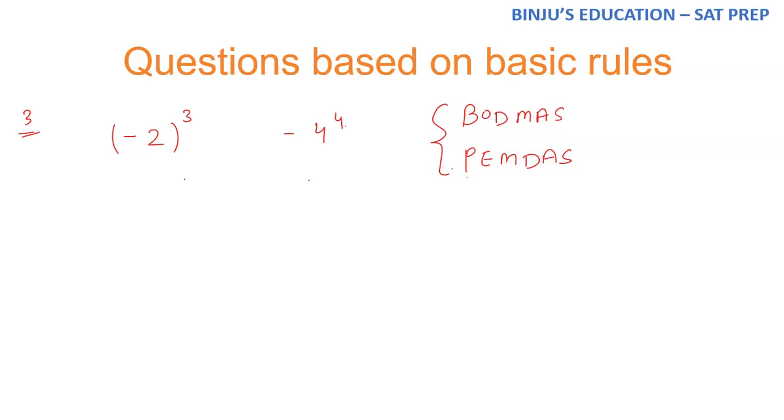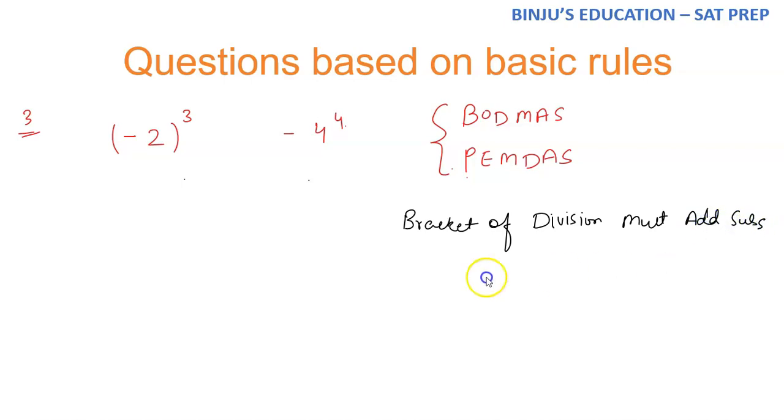So BODMAS basically stands for bracket, of, division, multiplication, addition and subtraction.